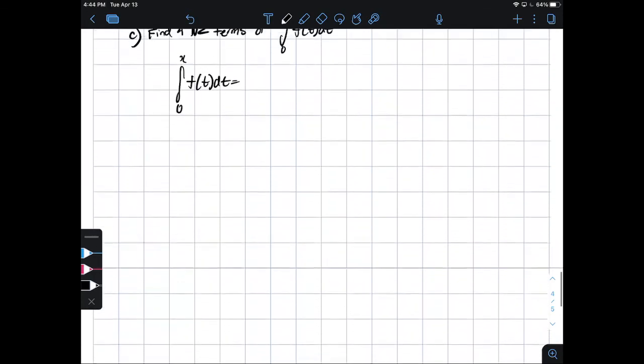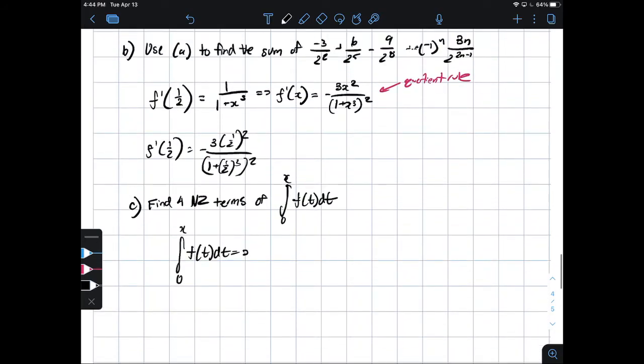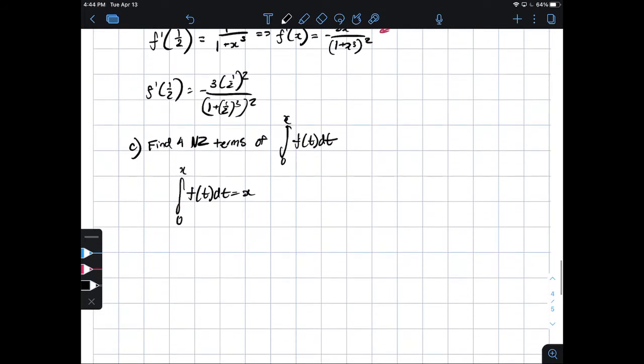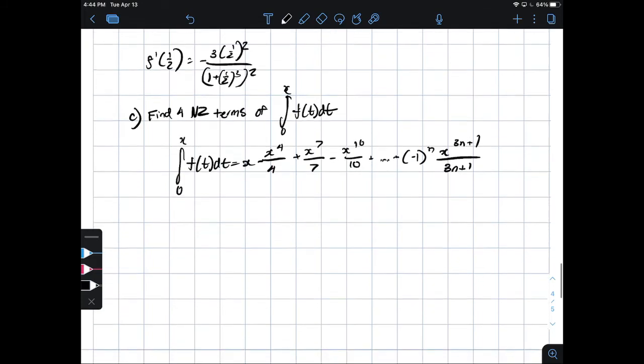So the first term is 1, which is now going to become x. Then it's minus x cubed, which is x to the 4th over 4. Plus x to the 7th over 7, minus x to the 10th over 10. Now, of course, our general term, negative 1 to the n, that doesn't change. And then x to the 3n plus 1 over 3n plus 1. And that's it. Not very difficult.